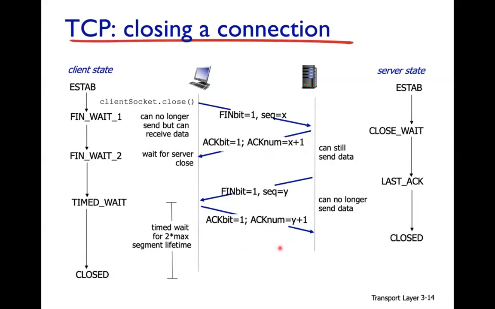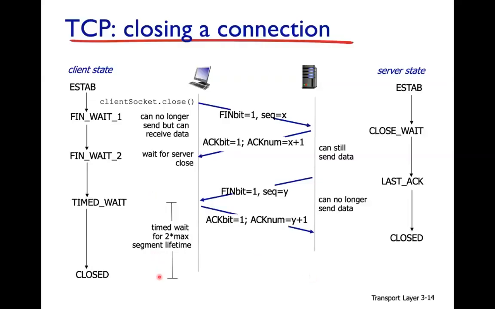So if the server gets the ACK from the client side, it will close the socket at the server side. And the client side will wait 2 times the segment lifetime in case some data is still coming here, or in case the ACK is not received by the server, in which case it needs the time to ACK again.